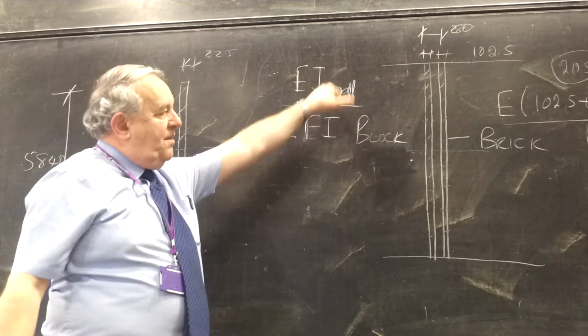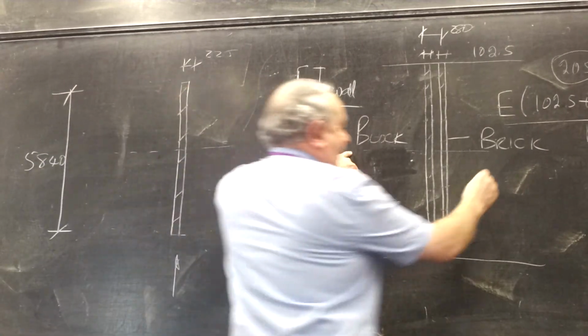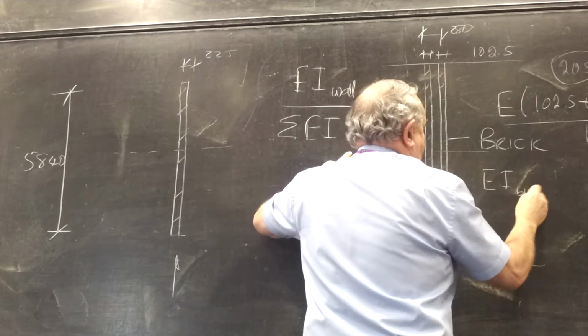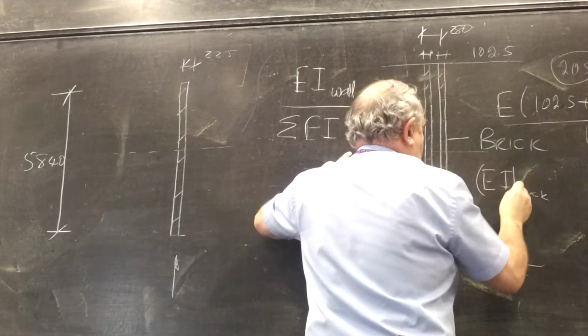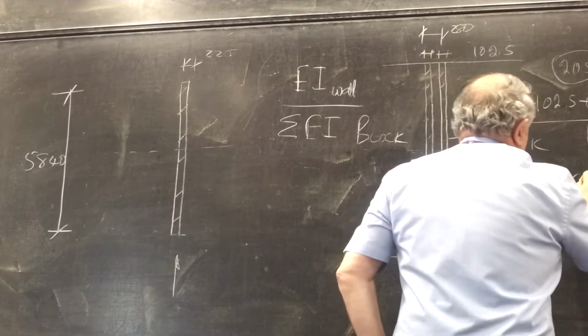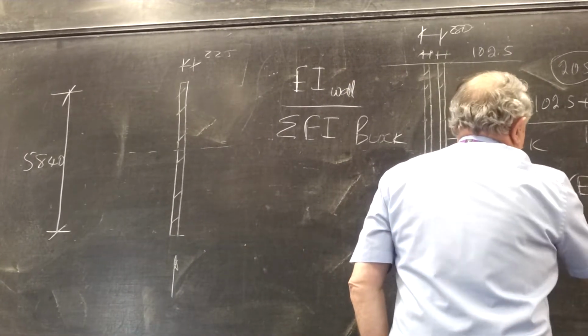Then the EI for that wall would be EI block, and we'd have to add to that EI brick.